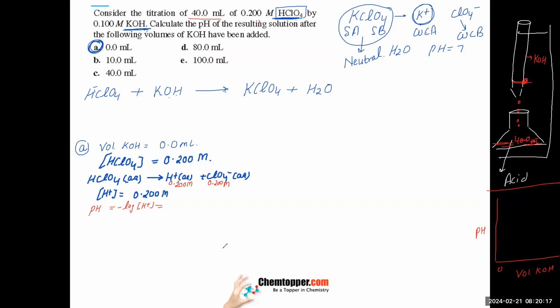Pick up your calculators. Plug in the values. And you're getting, I will go for 3 significant figures, means 0.699. Yes, very good. Azuni, don't round off. Is it 0.699?